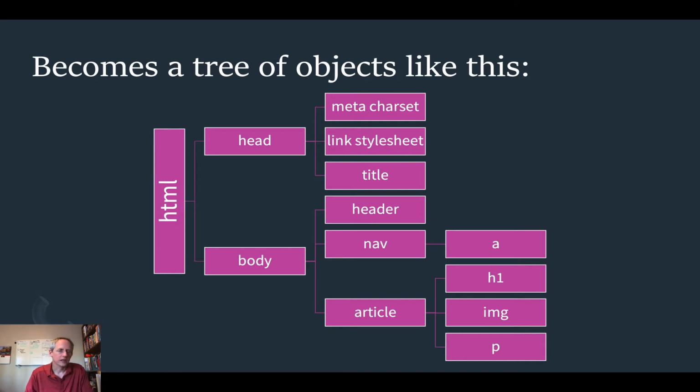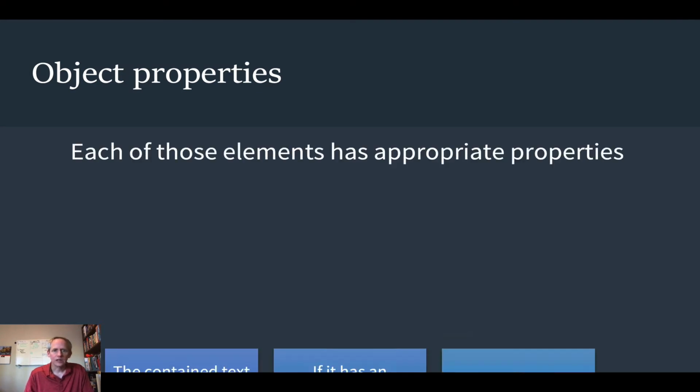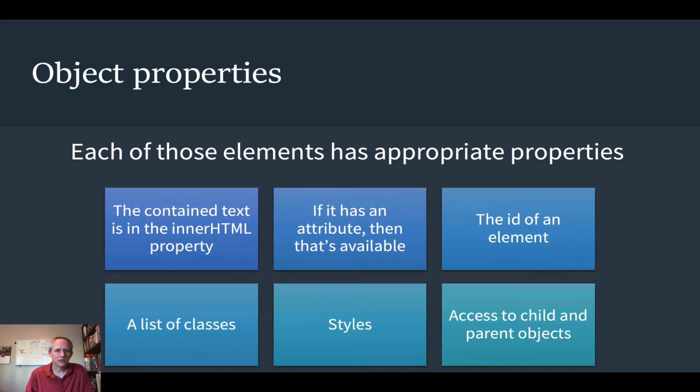You can add things to it and you can access things from within it. And part of it is that those objects all come with a fantastic set of properties that help you out. So the contained text would be in the innerHTML property.